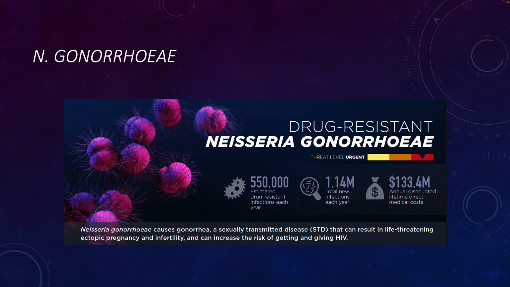But why would an infection that is almost never life-threatening be considered an urgent threat compared to something like Staph aureus, which was not considered an urgent threat, but is life-threatening far more commonly? So, think about that. Why is this urgent?